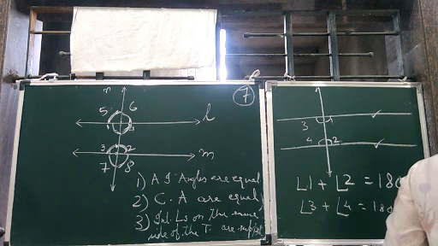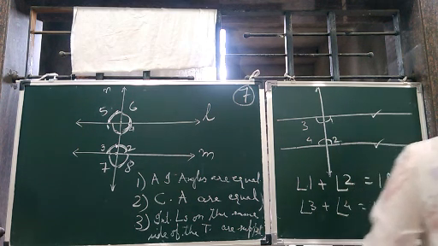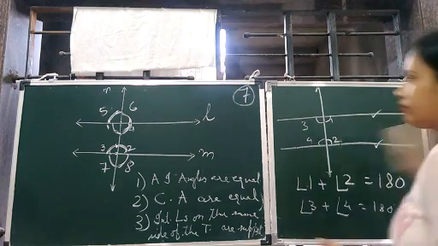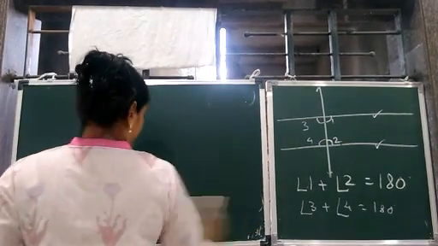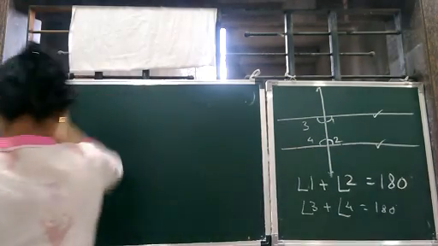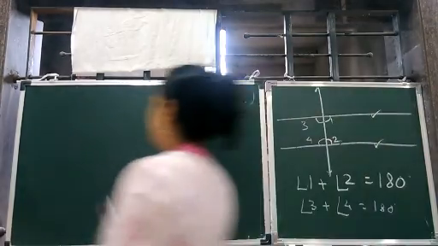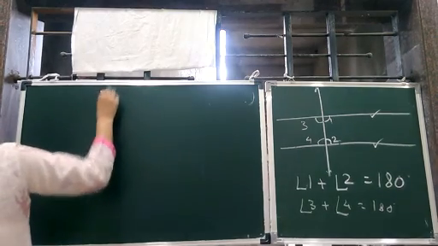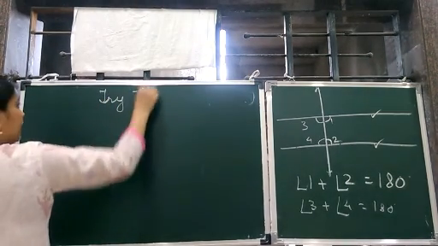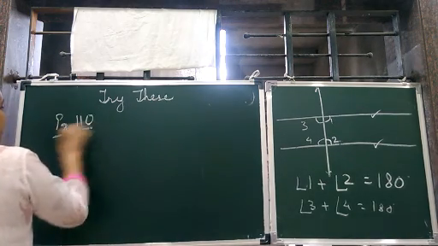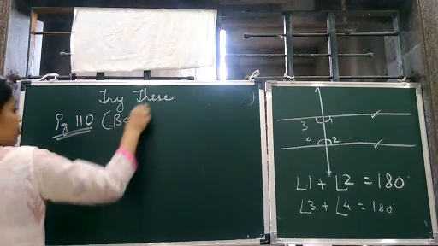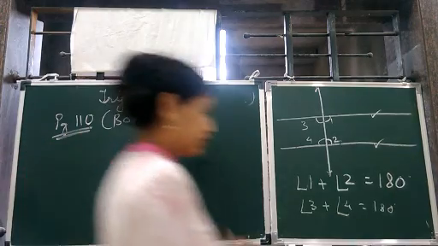We are going to start with the Try These, that is page 110. Try These of page 110. We are going to do it in the book only, children.